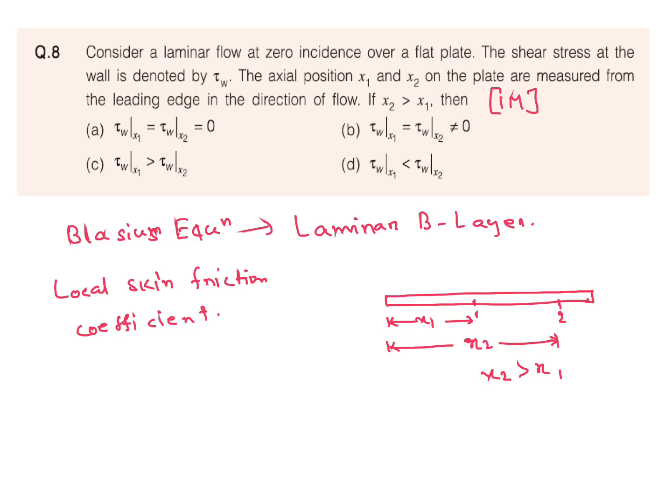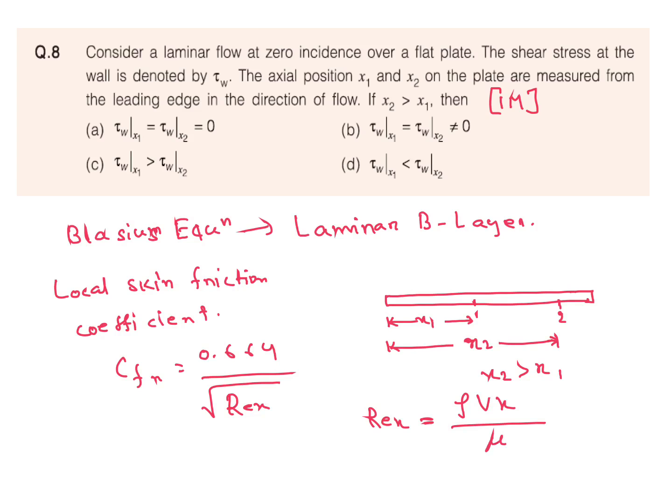CFx equals 0.664 by root over REx. REx is the local Reynolds number, rho V x by mu, or you can write it as V into x by kinematic viscosity.